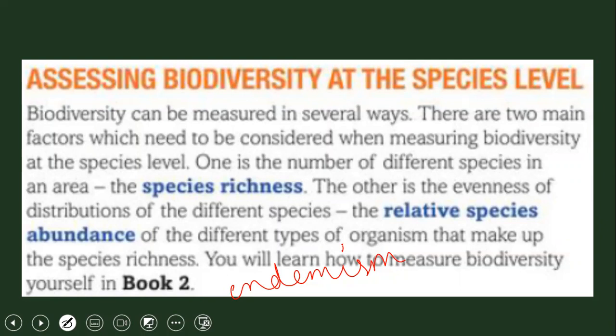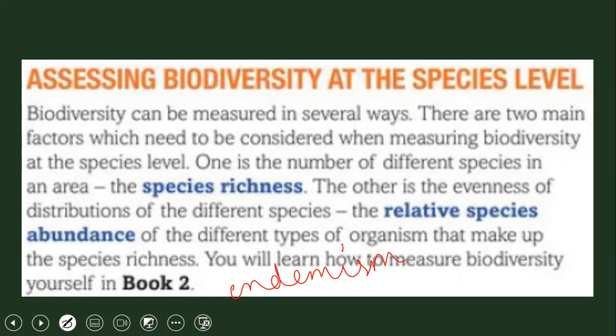For example, let me give you a big example, Australia, right? There are so many animals that are endemic to Australia, like your kangaroos, right? Like your koala bears. All of these are marsupial animals that have a pouch. These animals are generally endemic to Australia, and they are generally found in Australia because of geographical isolation.